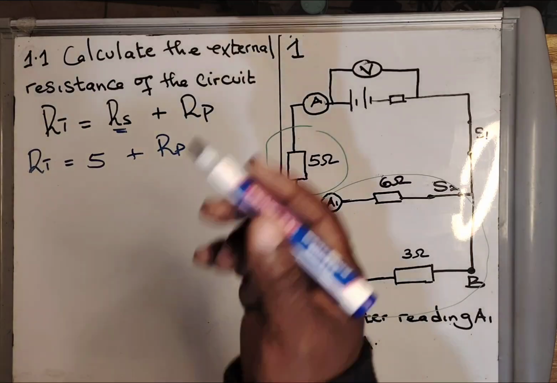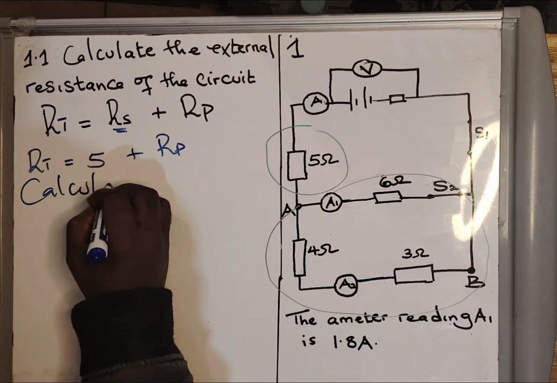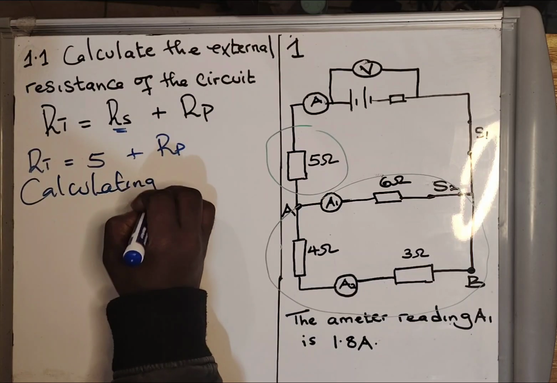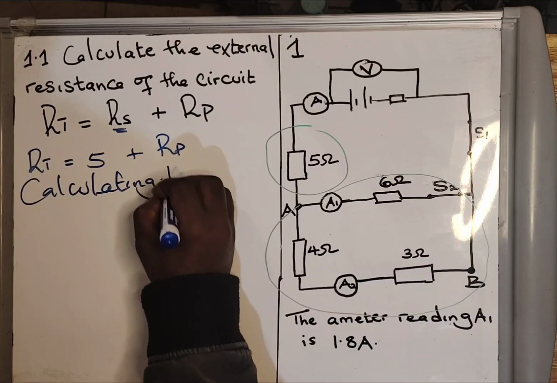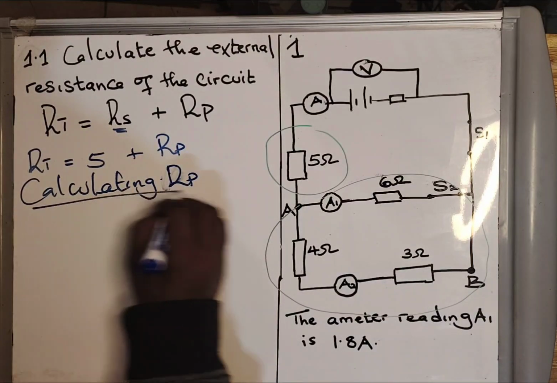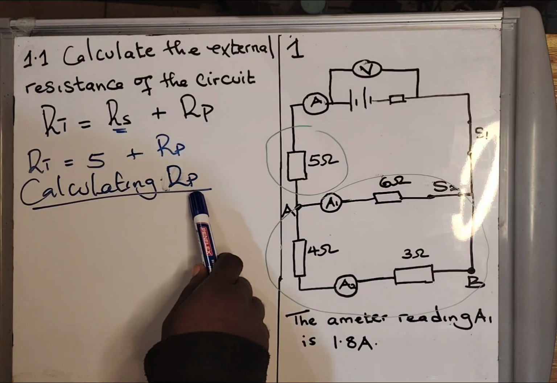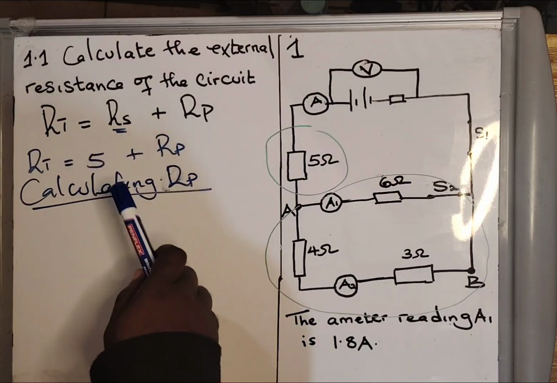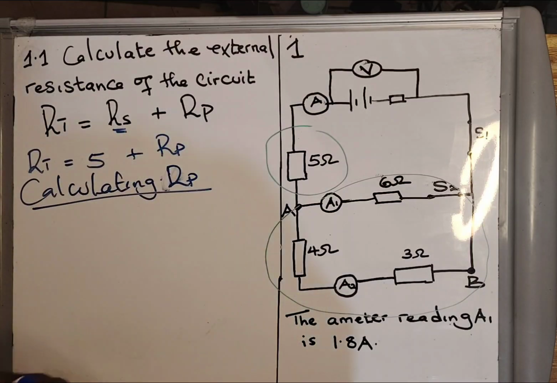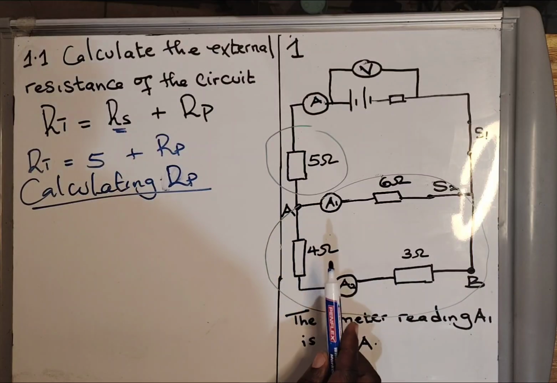So we can simplify by calculating RP, because it is very clear here that when we get our parallel resistor and we substitute there, then we can get our total external resistance of the circuit. So what do we say here?